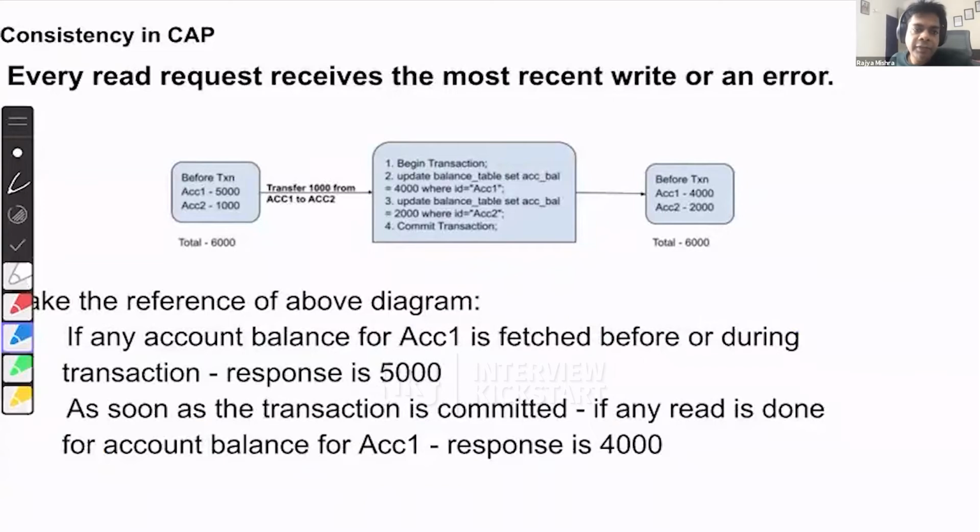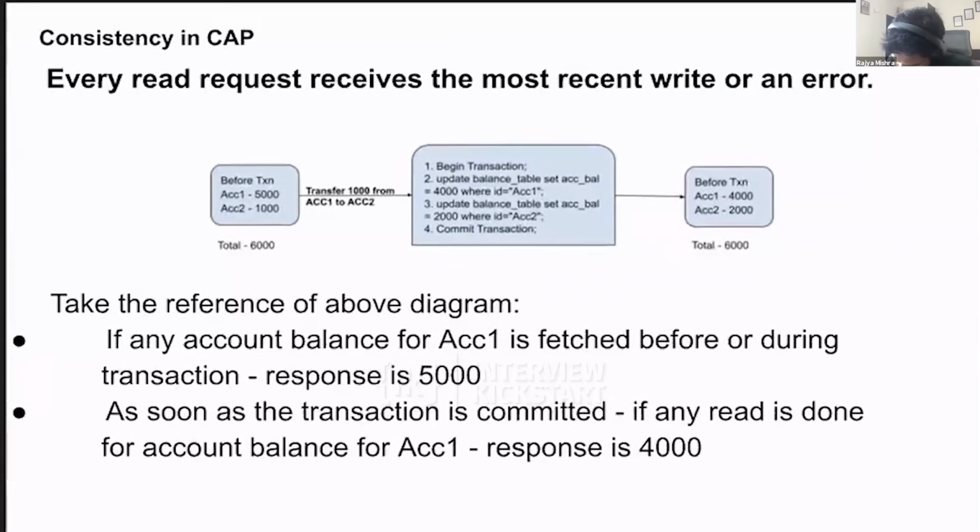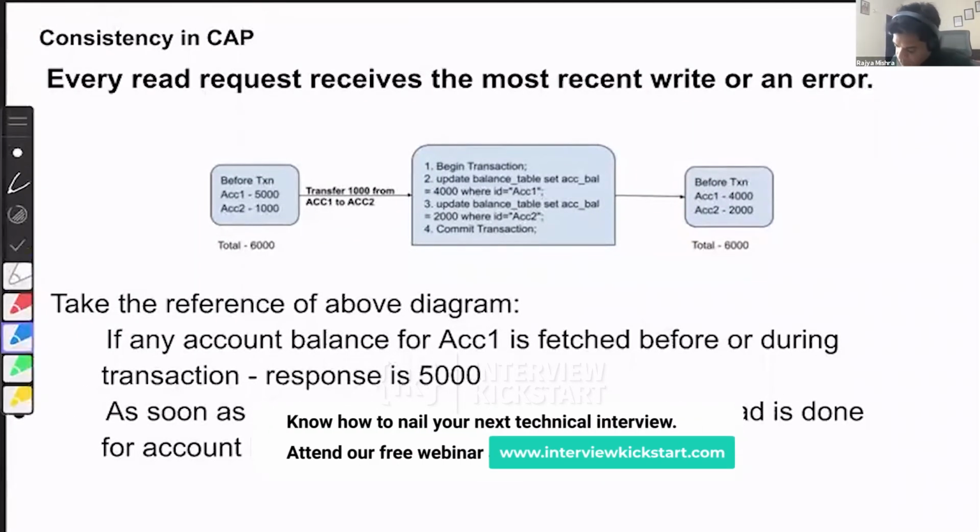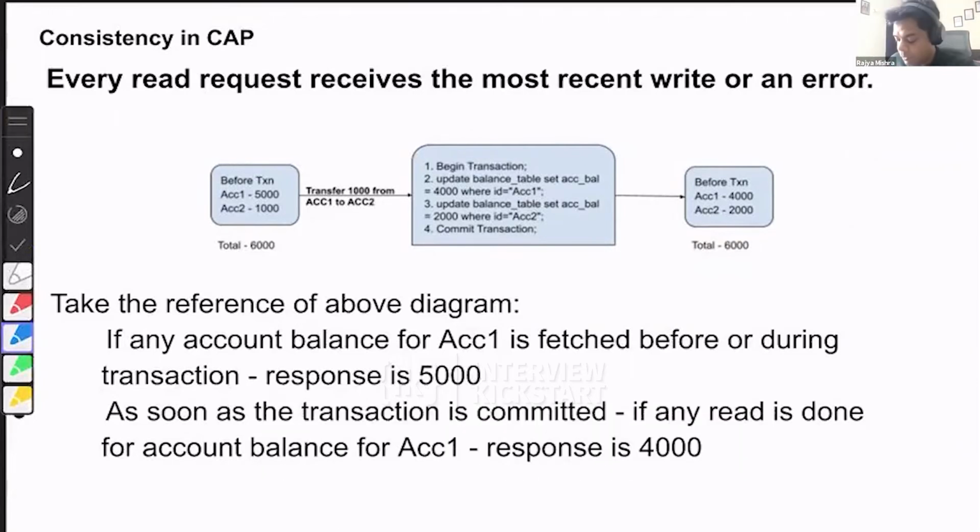Now let's see consistency in CAP theorem. It says every read request receives the most recent write or an error.